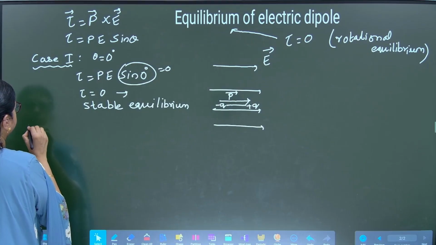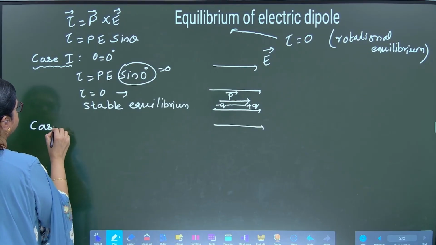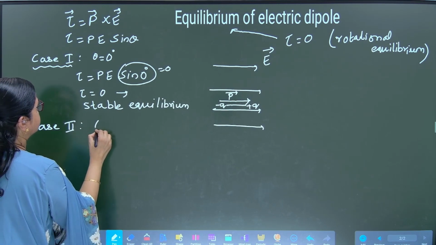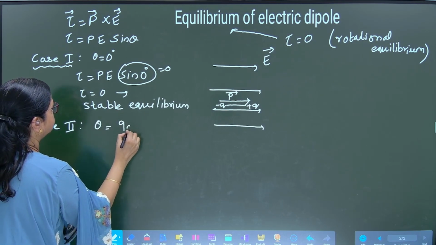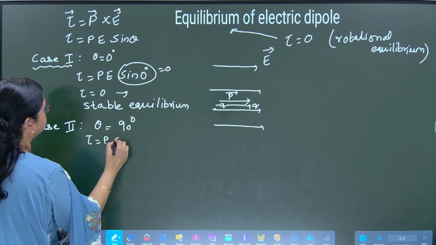Now, case 2. Let me place theta is equal to 90 degrees. Let me write the formula again.